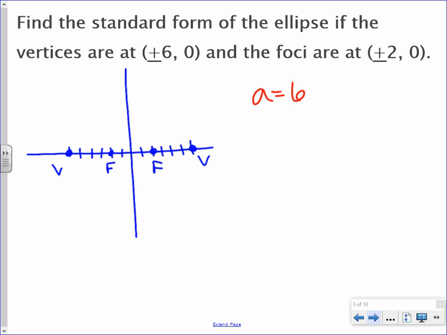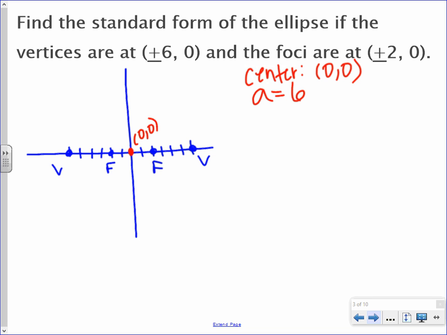Okay. Oh, and what is 0, 0? Ah, that's probably good to know too, right? Okay, so 2 for 1. We know that our center is 0, 0. It has to be in the center. We know that our A value is 6. That's how far away our vertices are from that center.